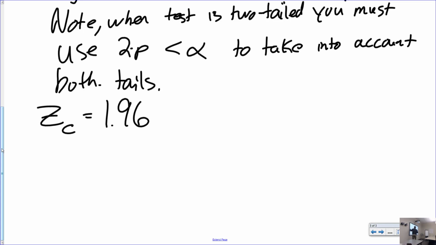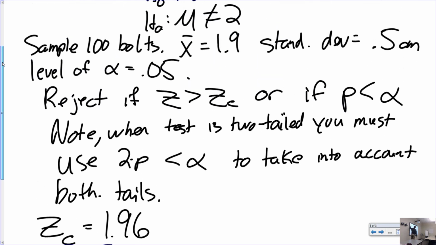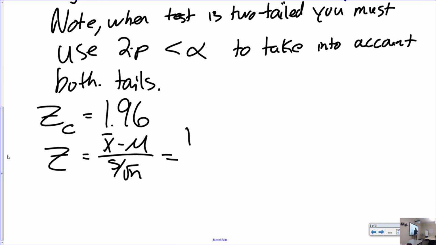So, now what is our Z score? X bar minus mu all over s over the square root of n. What's X bar? 1.9 minus 2.